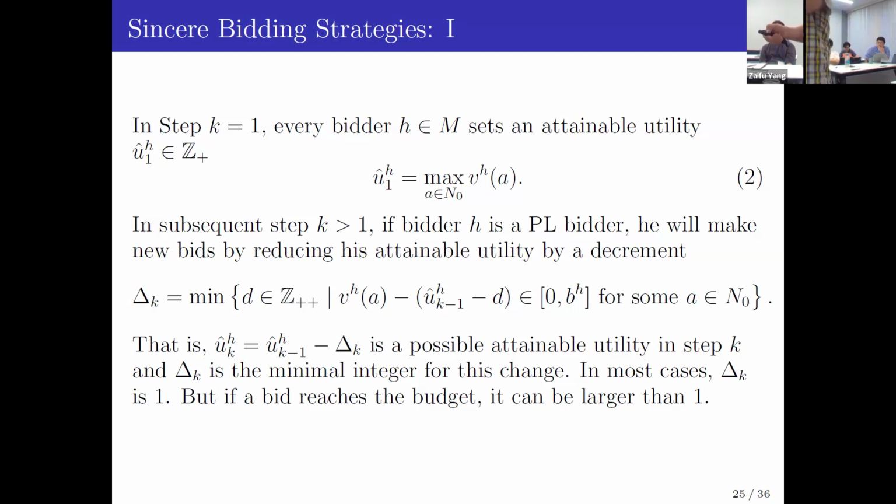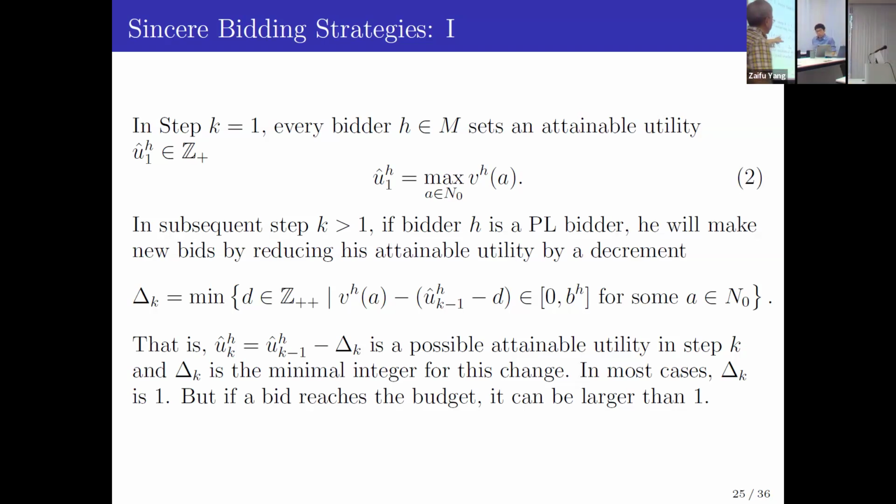Then you try to reduce your attainable utility by 1, by 2, and so on, as long as this payment will still be in your feasible domain. Here we only talk about positive integers, and then we take the minimum.